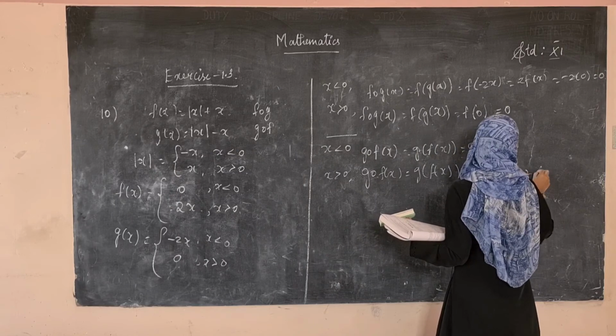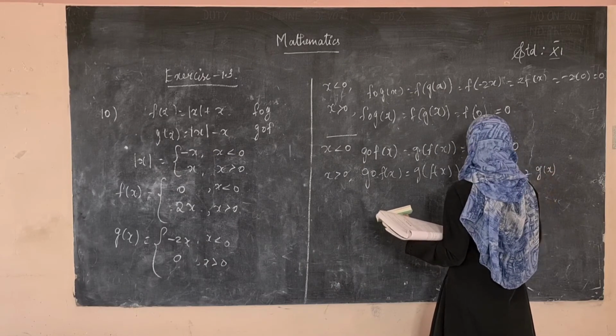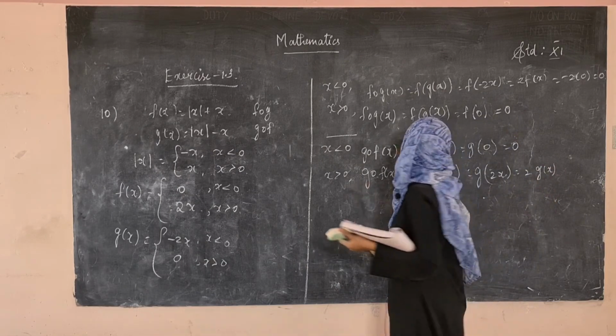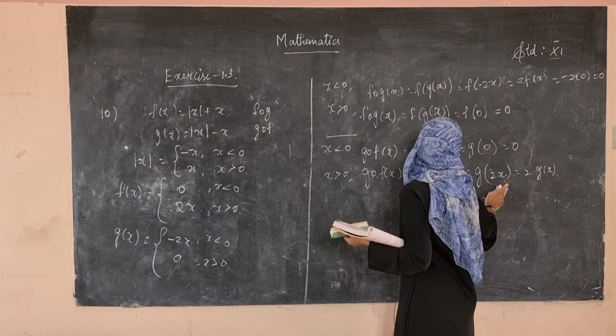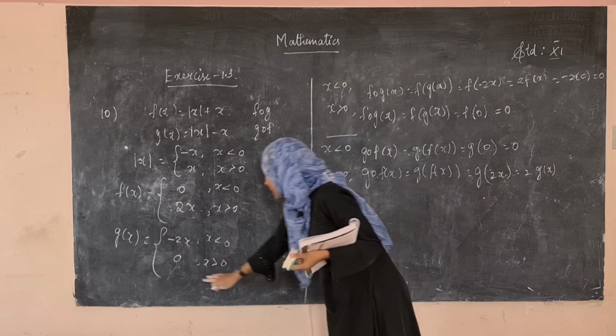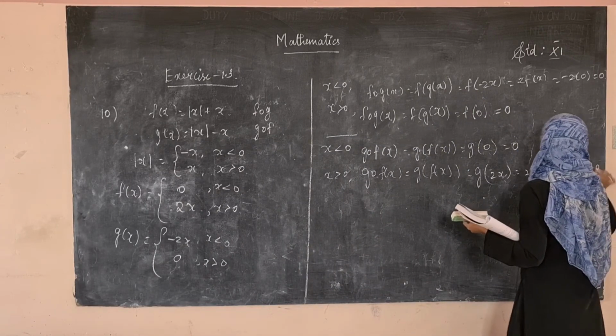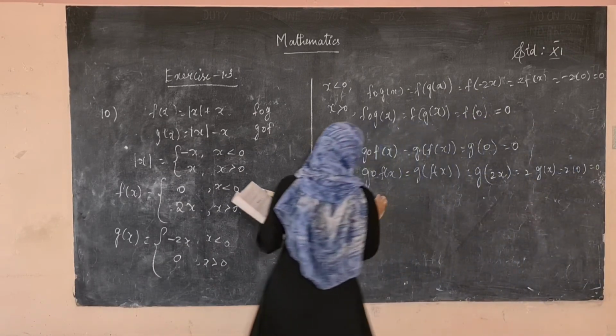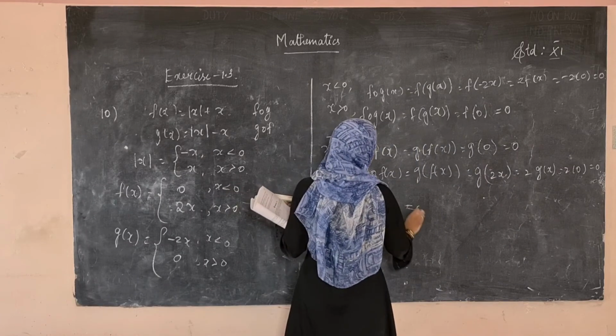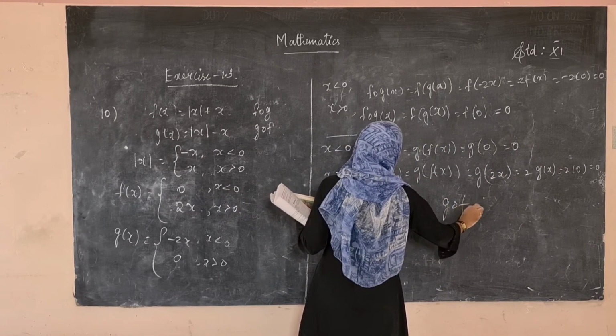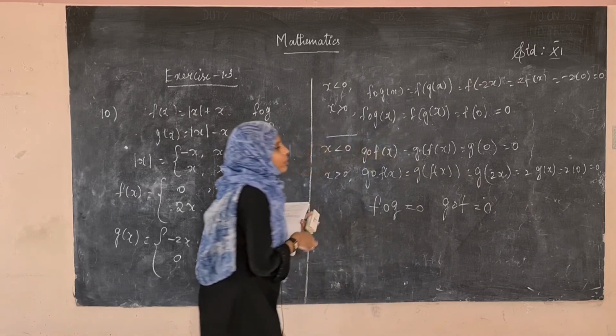This can be written as 2 into g of x, taking the constant outside. g of x when x is greater than 0 is 0. That is 2 into 0, which is 0. Therefore, what we get? f composite g is equal to 0 and g composite f is also equal to 0.